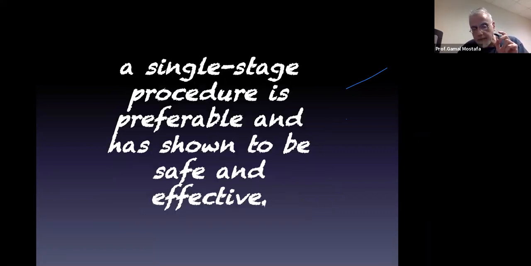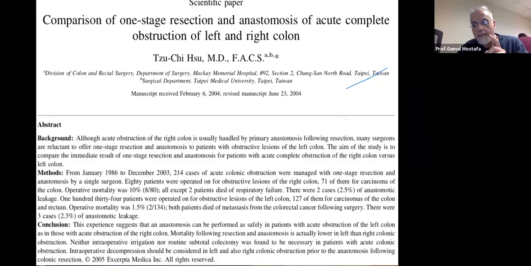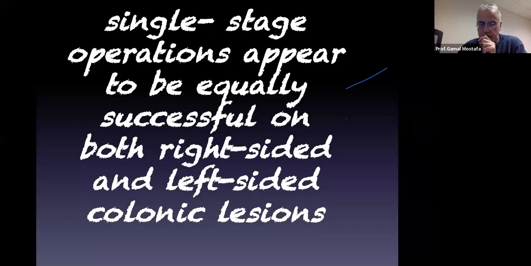Nowadays, we try as much as possible to do a single-stage procedure, preferably, and it has been shown to be safe and effective. And again, here is a paper really documenting this. As long as you have the circumstances that we talked about, patient is stable, patient can walk, patient is continent, you have to have all these together in order to be able to do a primary anastomosis.